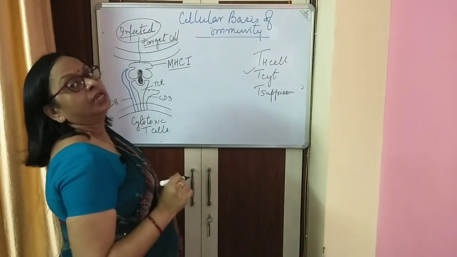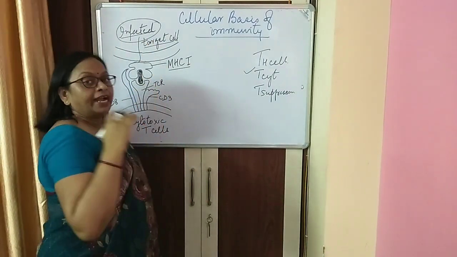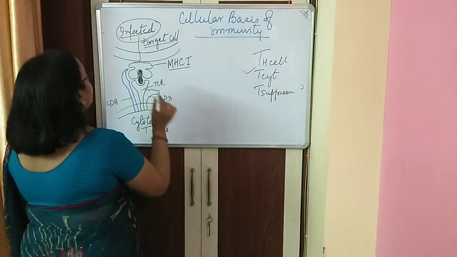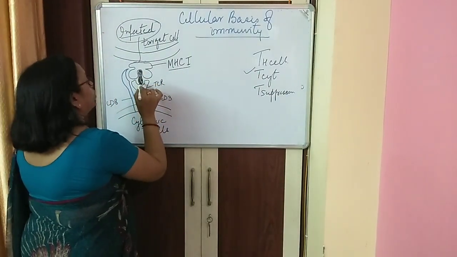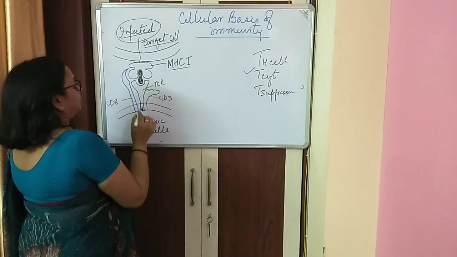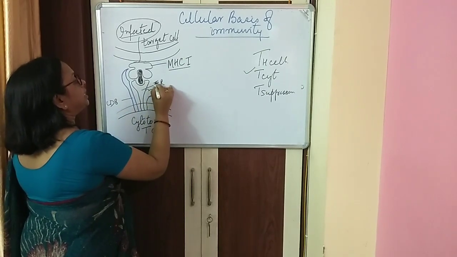Whatever infection is there inside the cell, the cell presents that antigenic part of the infection through MHC1. This MHC1 with antigen can now be recognized by the T cell receptor, that is TCR.